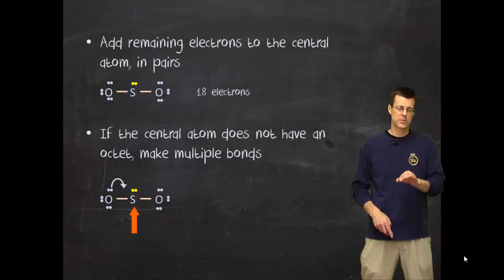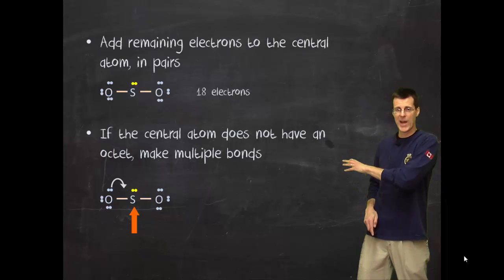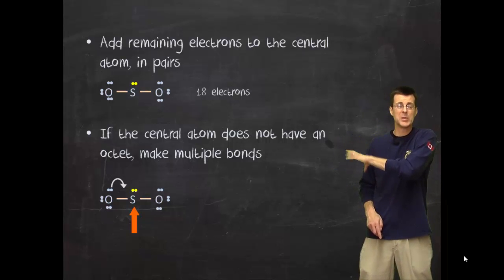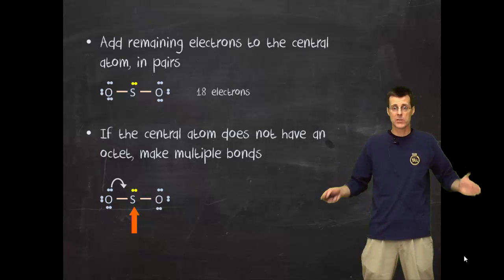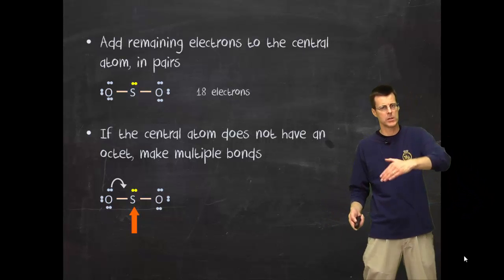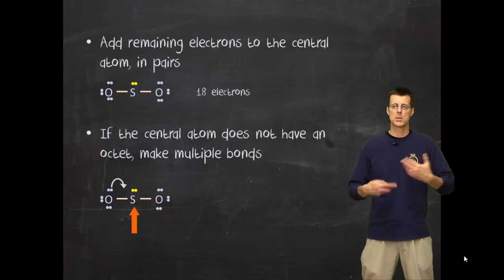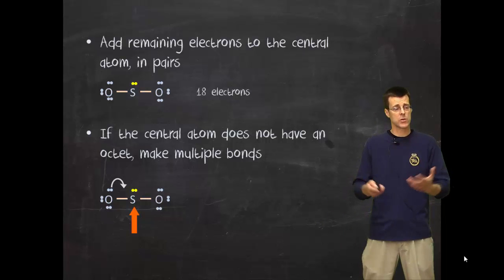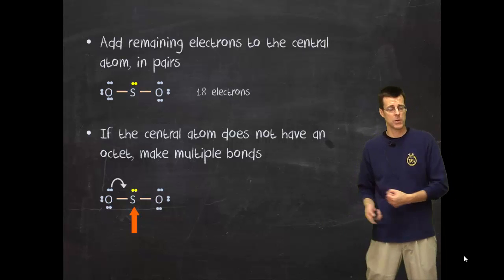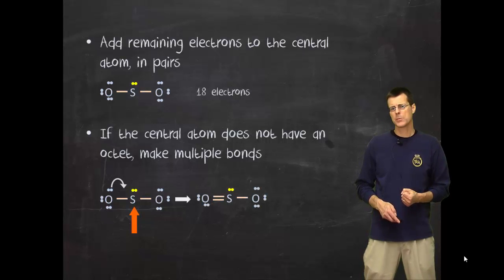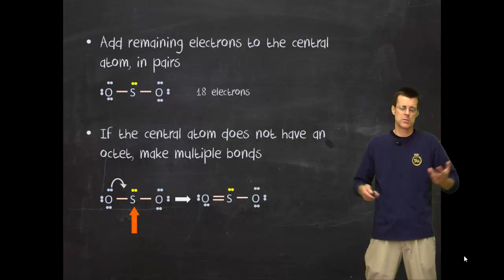Now I want to make something clear. It's not that that's how the molecule would be built. It's not that the electrons go like that and then, oh, let's fill it in. What we're doing is electron bookkeeping, basically, and we're trying to make our diagram reflect the structure. So we end up looking like that. Well, does it matter which one is which? No, it doesn't.